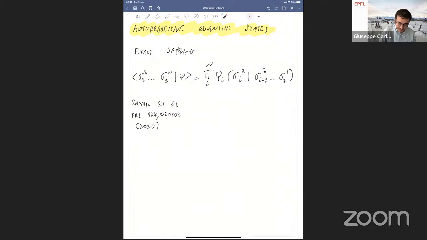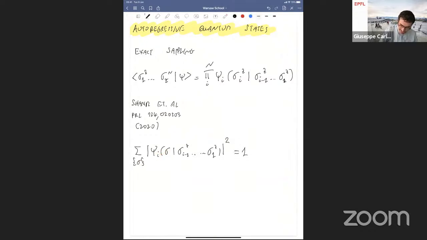The main difference now is that this psi in general, both this one and the psi I, are complex, so they are not strictly speaking probabilities, and they satisfy this normalization property. So the sum over all the possible configurations sigma of my conditional wave functions are normalized in L2 norm. Okay, in other words, the sum over all sigmas of this psi I squared is equal to 1.